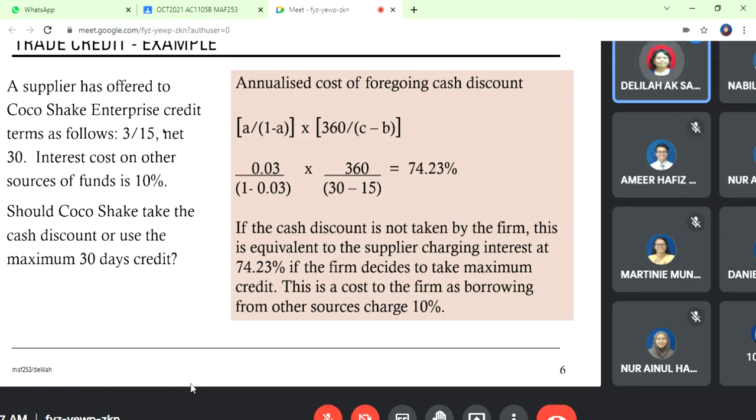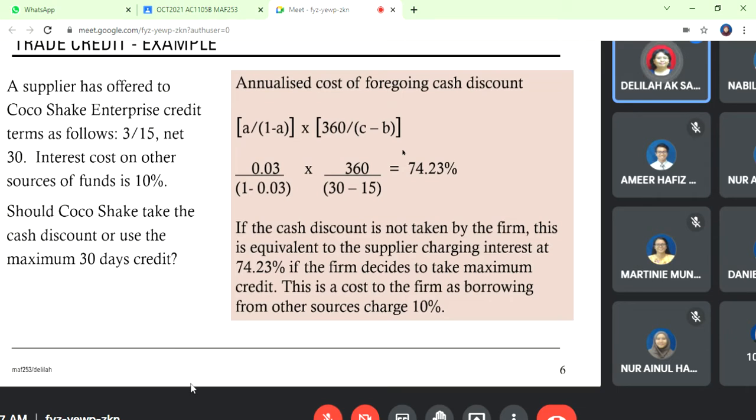B is the cash discount period, 15 days. When you key in these figures into your calculator, you get 74.23%. This represents the annualized cost to your company.